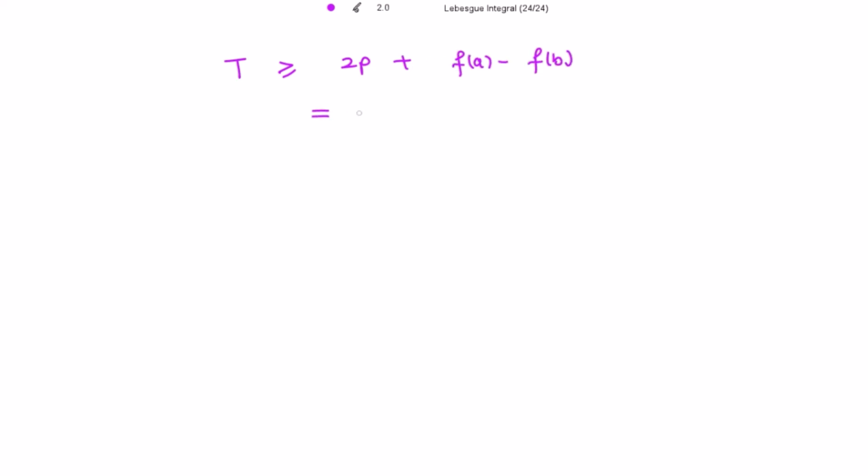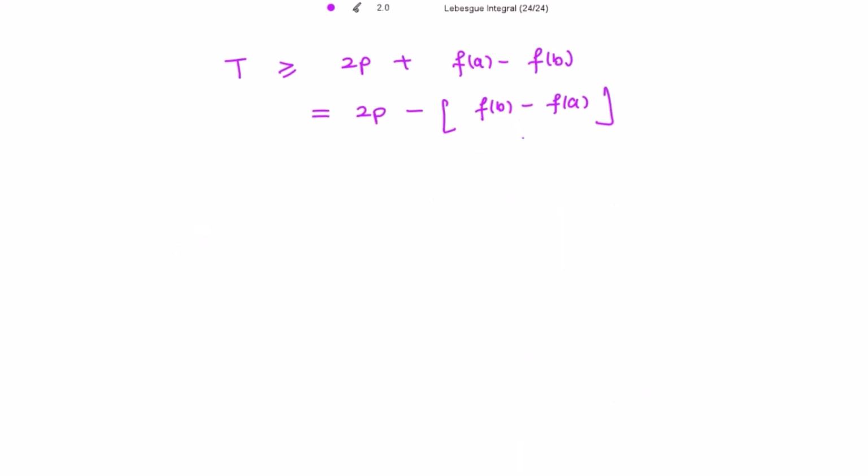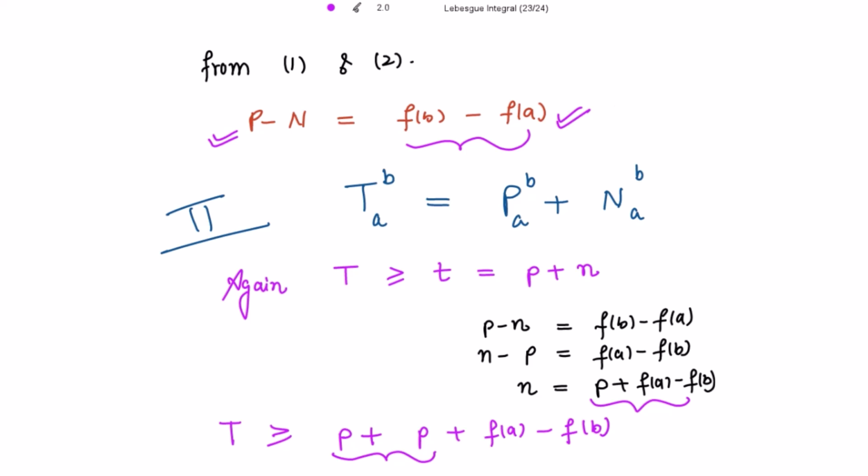We can also write this further as, if I take negative common, f(b) minus f(a). We have just proved that capital P minus capital N is equal to f(b) minus f(a), and I'm going to use this value of f(b) minus f(a) over here. So let me mark this result as star.